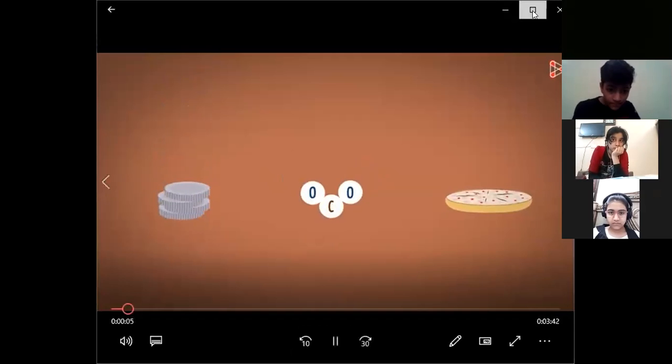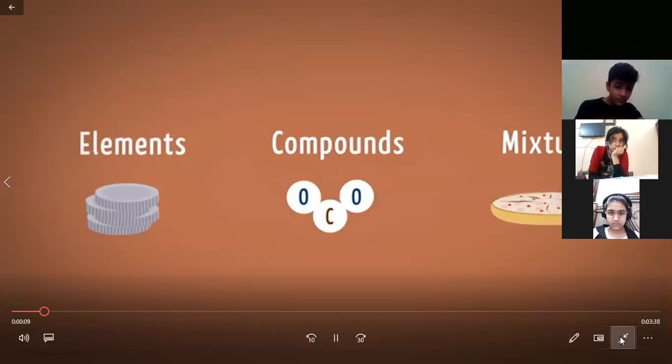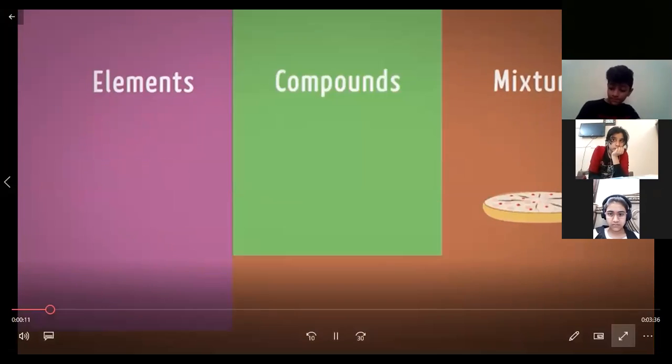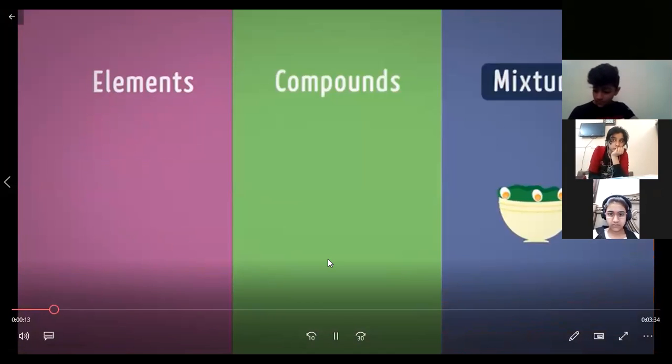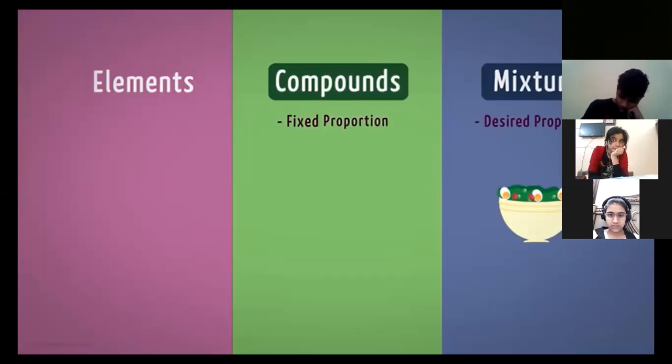By now, we are aware of the difference between elements, compounds, and mixtures. Do you remember the differences? Mixtures are like food items that we consume. They contain everything in proportion that we desire. We can add or remove a substance according to our need. Compounds, on the other hand, are those which have substances in fixed proportion.